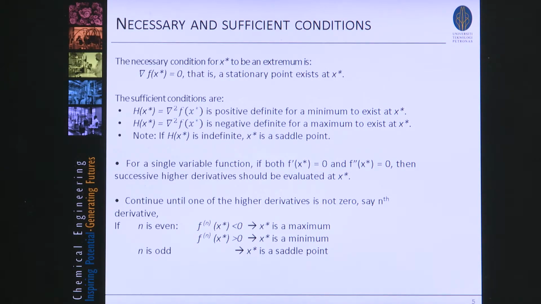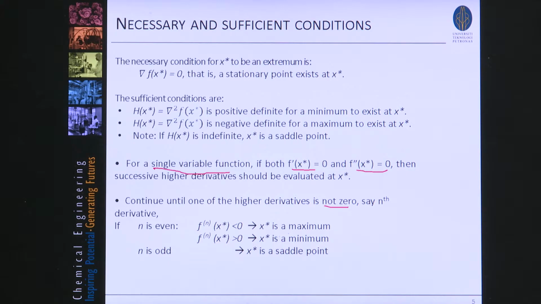There is a special case for a single-variable function, where both the first and second derivatives equal 0. Then we can use successive higher derivatives: we differentiate further and further until the derivative is not 0.